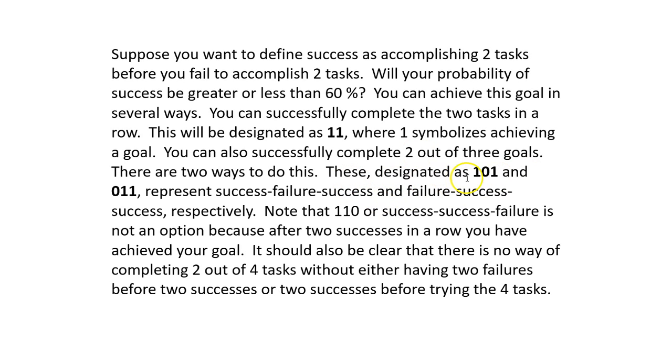These are designated as 1, 0, 1, success, failure, success, and 0, 1, 1, failure, success, success. Note that success, success, failure is not an option, because once you have 2 successes, you've done 2 in a row, and there would be no need to do a 3rd attempt. All right, your goal was 2 successes.